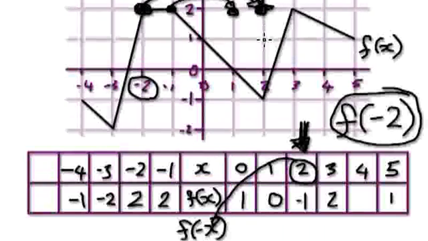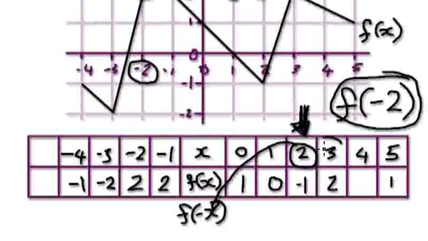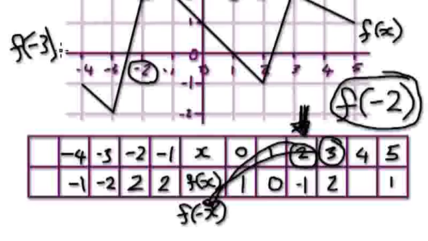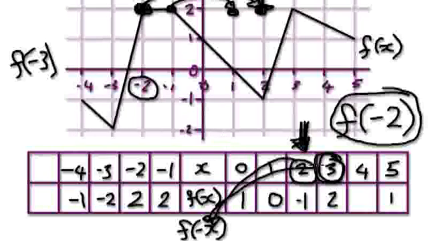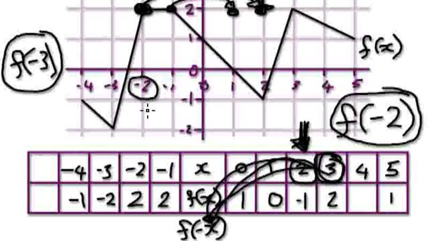Now let's look at 3. When you put 3 into this, it's really you trying to find out f of negative 3. When x equals 3, it must lie somewhere on this vertical line here. But when you put 3 into this negative x function, you are really stealing the point f of negative 3.